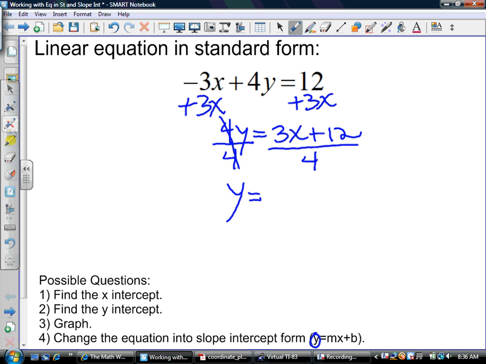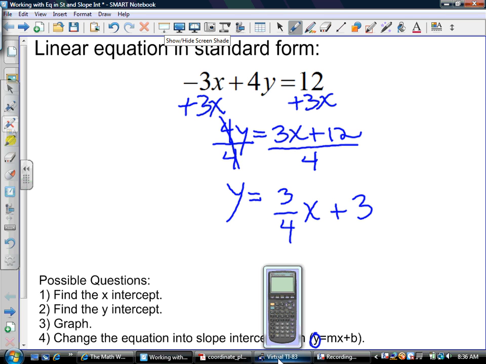So on the right side of the equation, what we're going to get is 3/4 x, and then we're also going to have a plus 3, because 12 divided by 4 is 3. So there, what we've just done is we found the x and y intercepts, we graphed using the x and y intercepts, and also we put our equation into slope-intercept form.